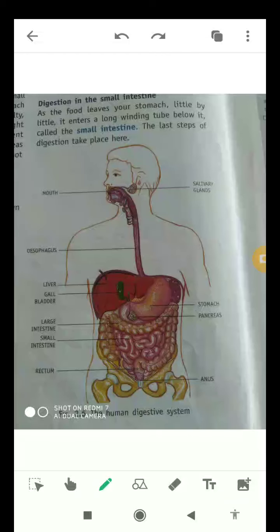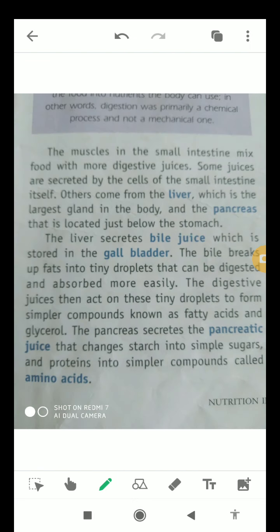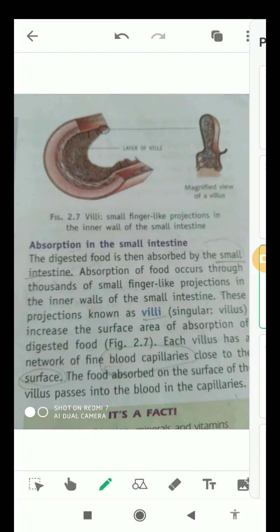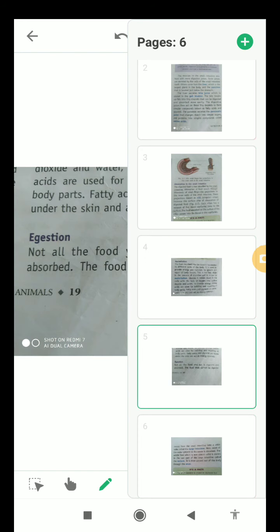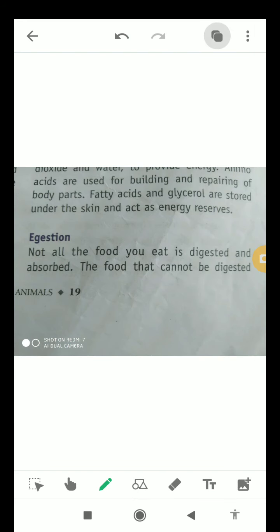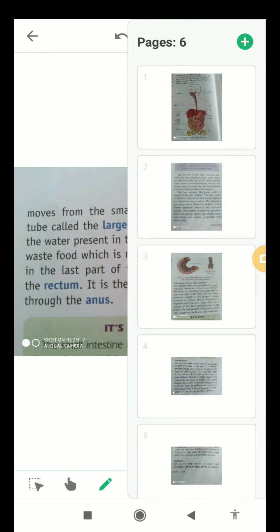Today, in this video of class 7 science, I'll let you know about how the digestion process takes place in the small intestine. Apart from this, I'll let you know about the absorption of food in the small intestine, as well as the assimilation process, and later on I'll let you know about the process of digestion and how the food is removed from the body through the rectum and anus.